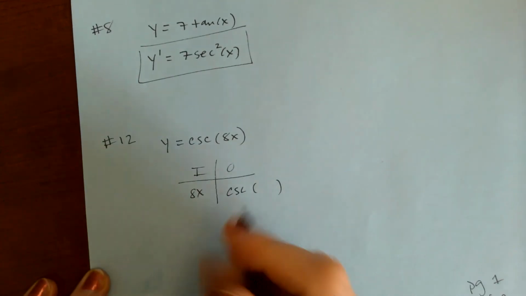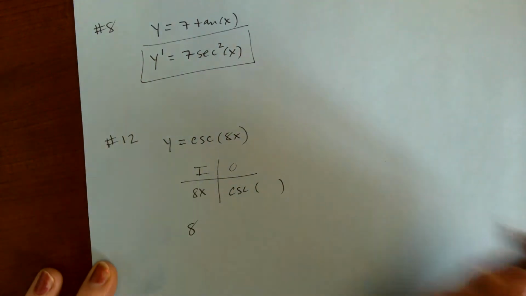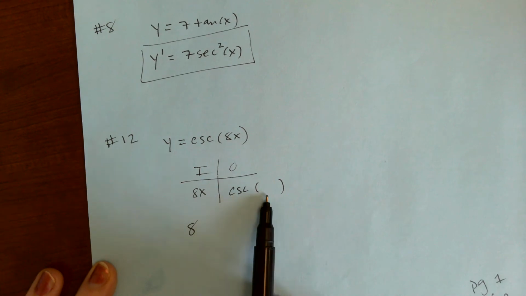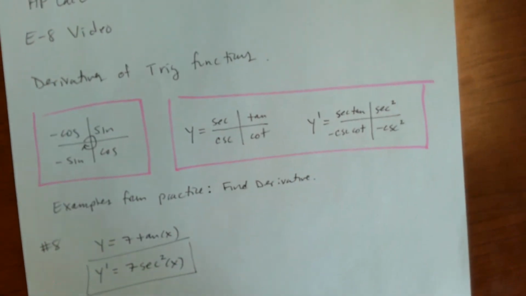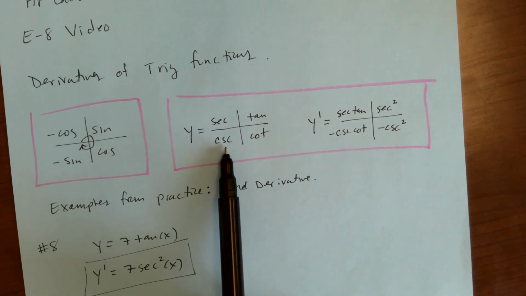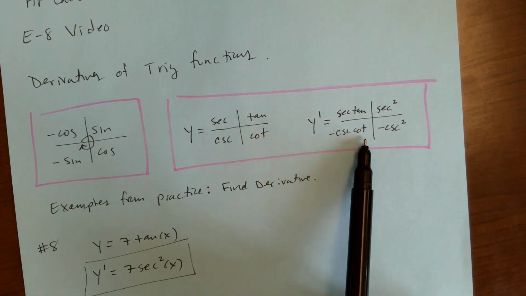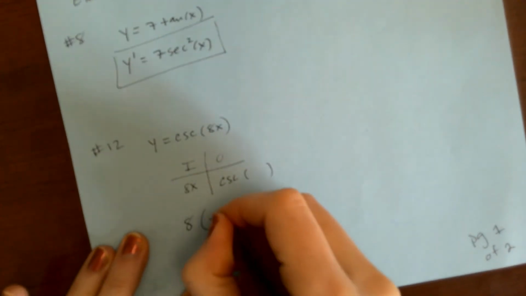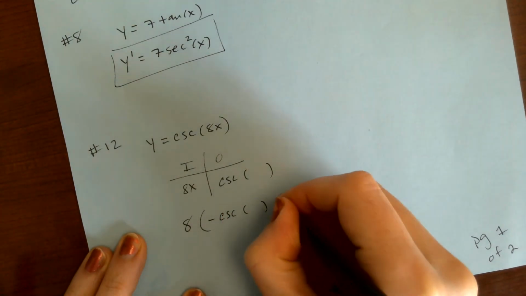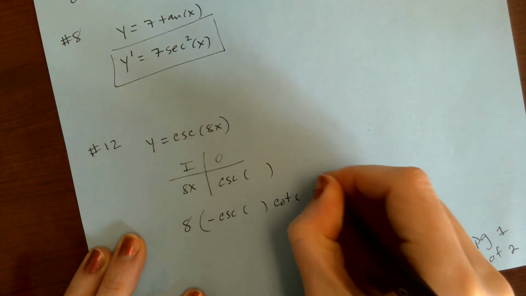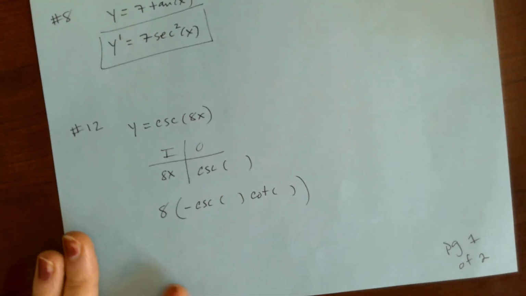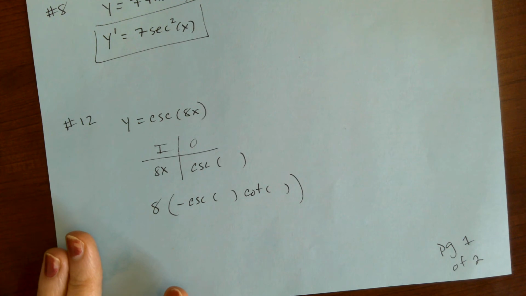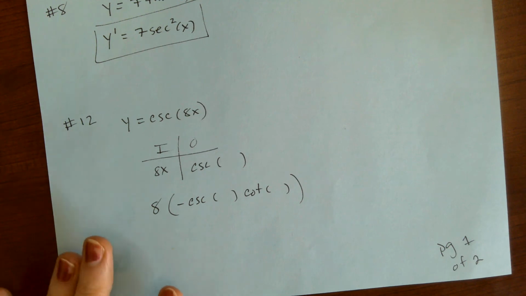Okay, so the derivative of 8x is just 8. The derivative of cosecant of blank, I look up here, the derivative of cosecant is negative cosecant cotangent. So this is going to be 8 times negative cosecant of blank cotangent of blank. And then what goes back in the blanks is what used to be in there.